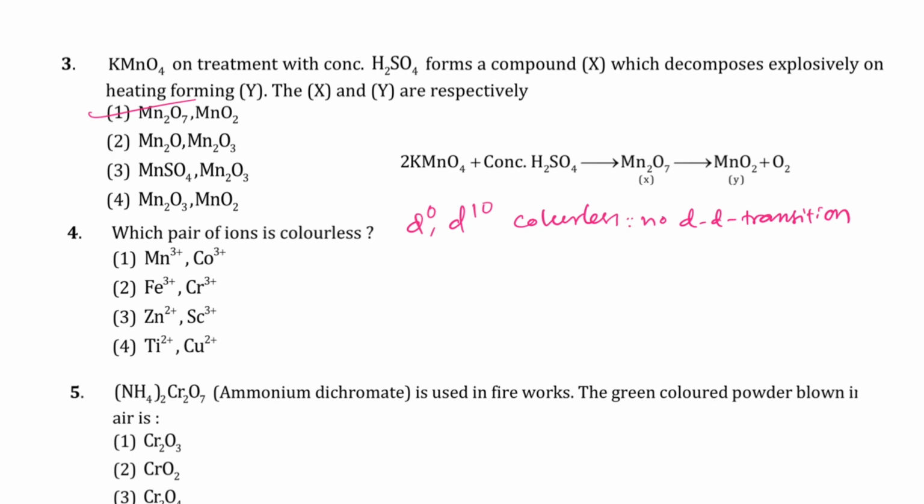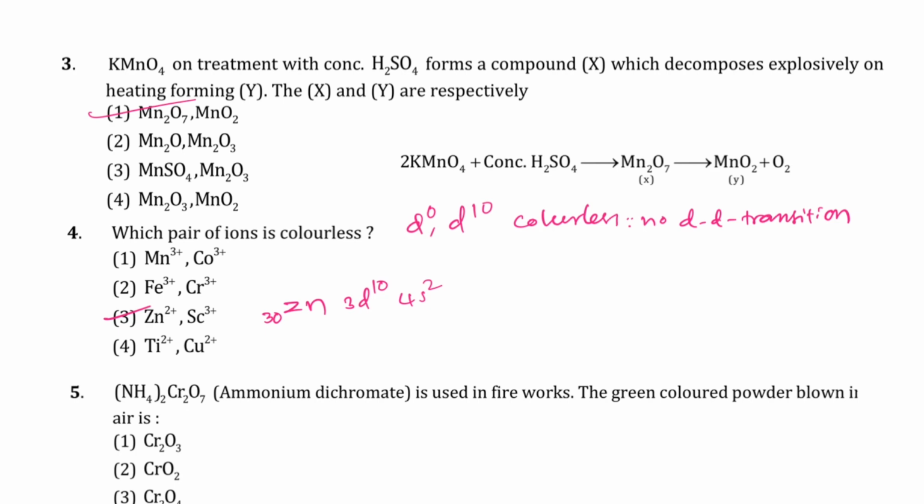So we have to find which have d0 and d10 configurations. According to the third option, zinc has atomic number 30, 3d10 4s2.